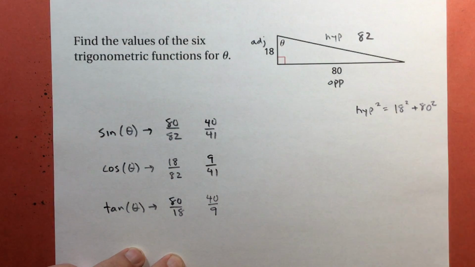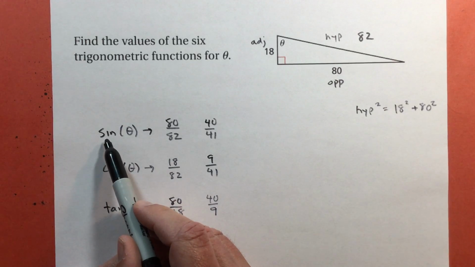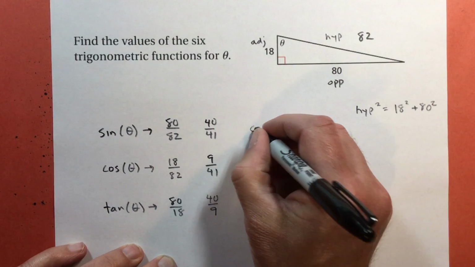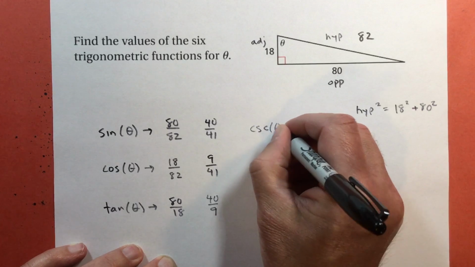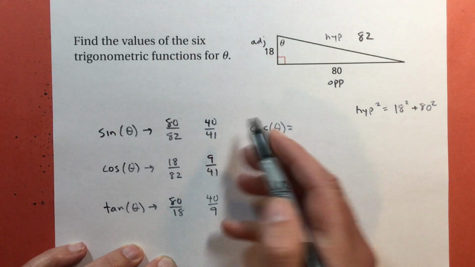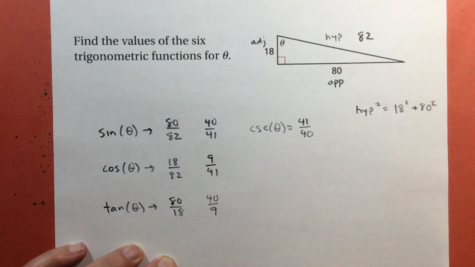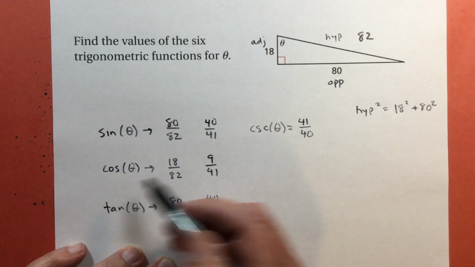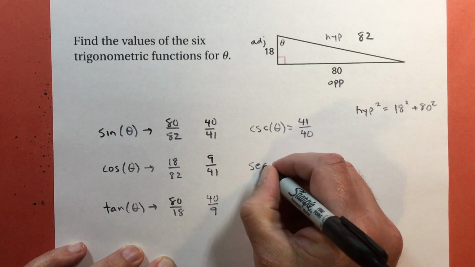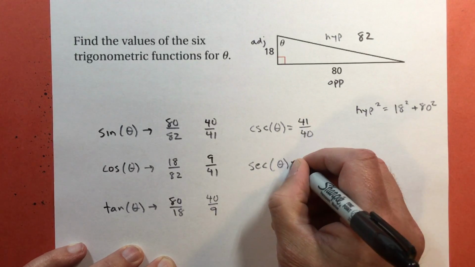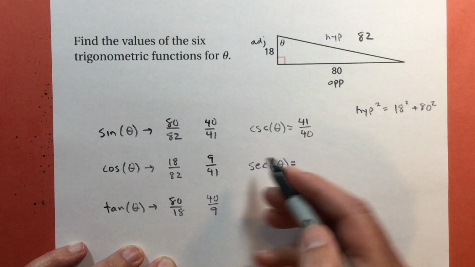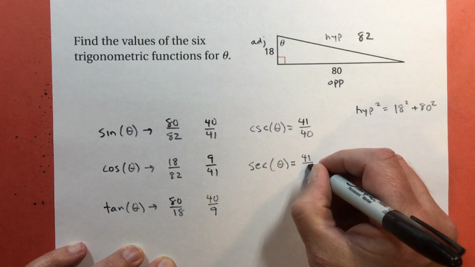To find the other 3, the reciprocal of sine is cosecant. So cosecant of theta is the reciprocal of this, 41 over 40. I'll go ahead and use the reduced form. The reciprocal of cosine is secant. Secant of theta, the reciprocal of 9 over 41, is 41 over 9.